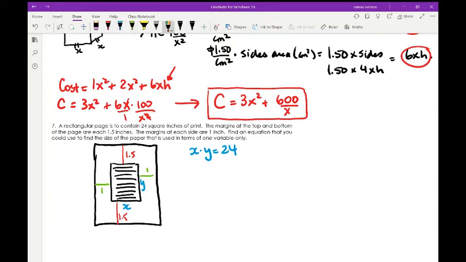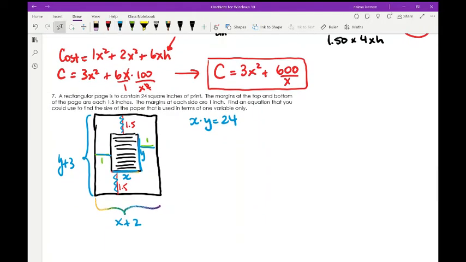This length along here is going to be the length of x, plus the one on the side and the other one on the side. So this is going to be x plus 2. And this length along here is going to be the length of y plus the 1.5 at the top and the 1.5 at the bottom. So this will be y plus 3.